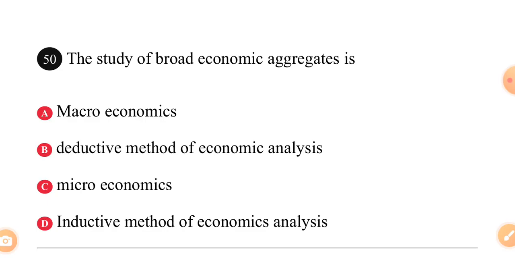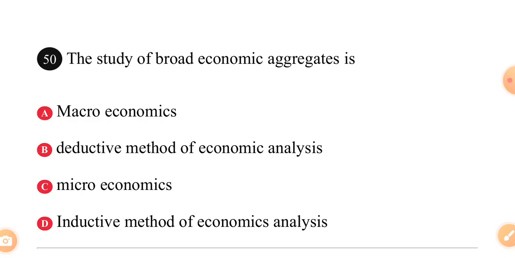What do we mean by broad? A large number, right? Expanded number. Is it macroeconomics? When we talk about macro, anything macro is many, then anything micro is small, right? Like if you say macrocosm, it means many. That is a larger proportion of something.